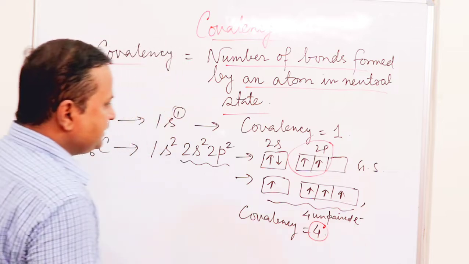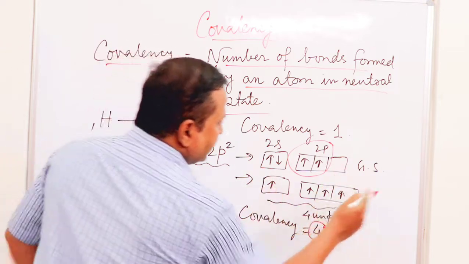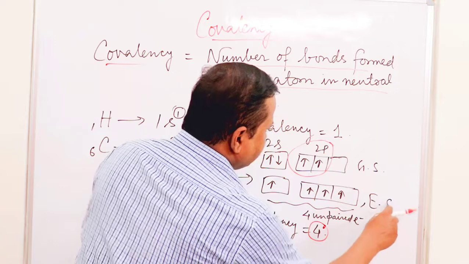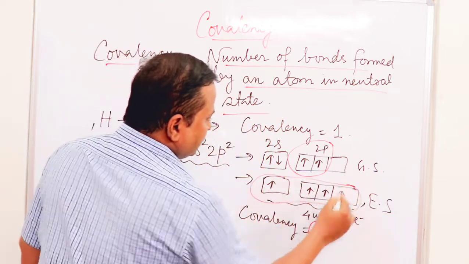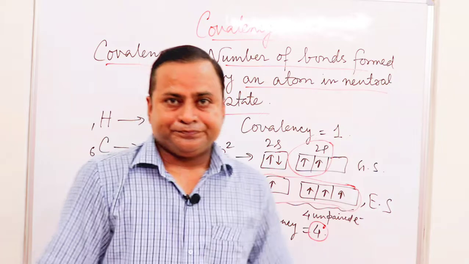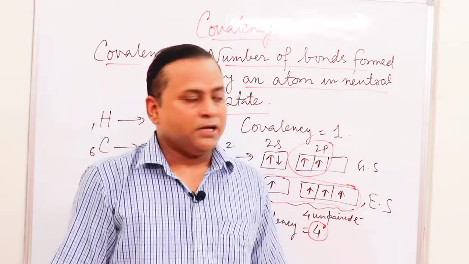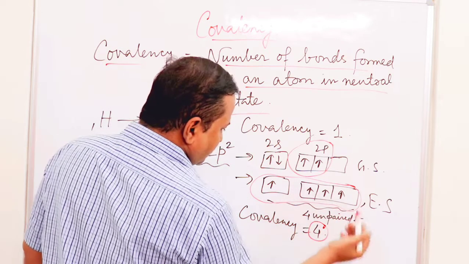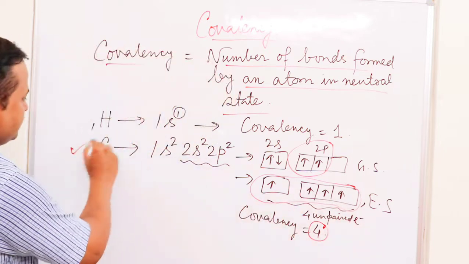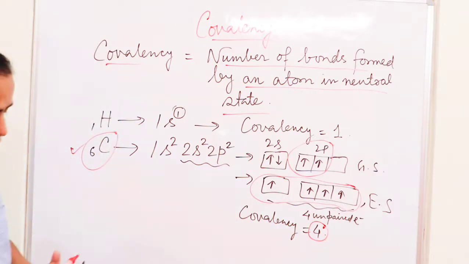In the excited state, we see that there are 4 unpaired electrons, which can combine with unpaired electrons of other atoms and form 4 covalent bonds. That means it can form 4 bonds.